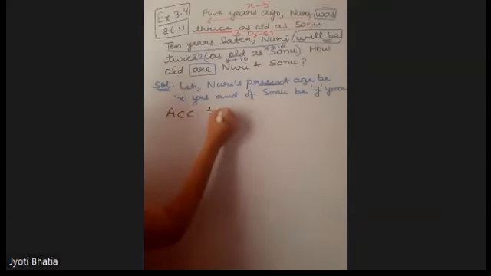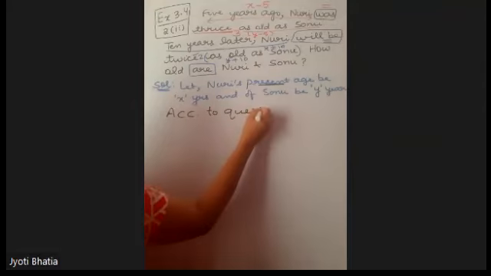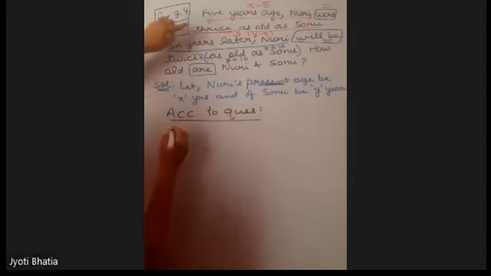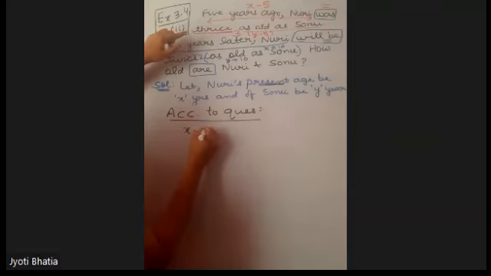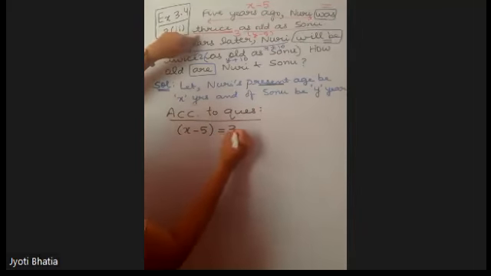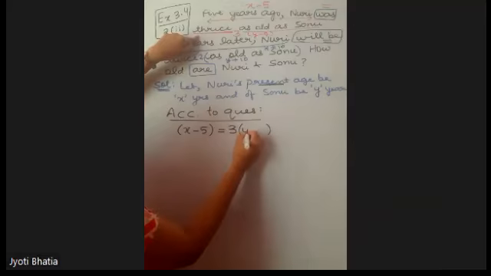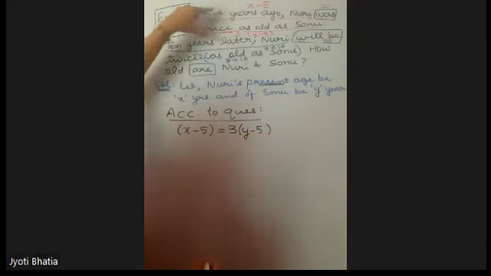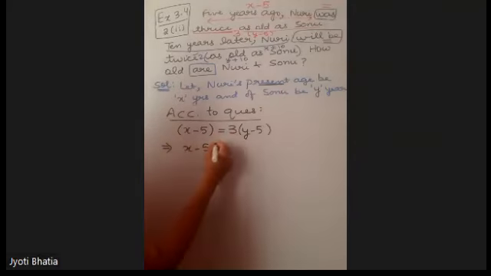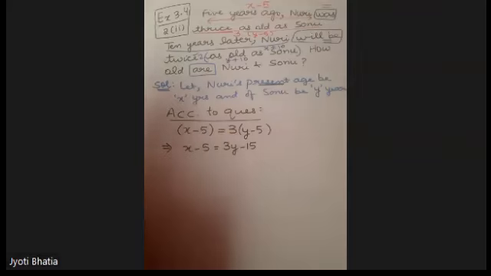Now according to the question, what do we get? 5 years ago, that is X minus 5, equal to 3 times Sonu, would be Y minus 5. So it's clear from the statement only, right? Which gives me X minus 5, open the bracket, 3 into Y minus 5, 3y minus 15.